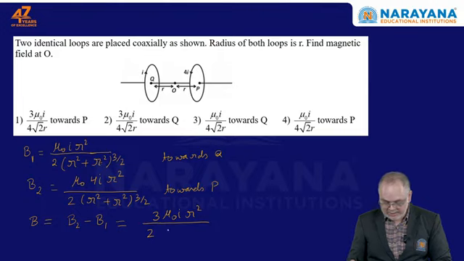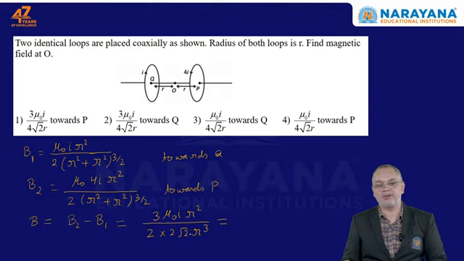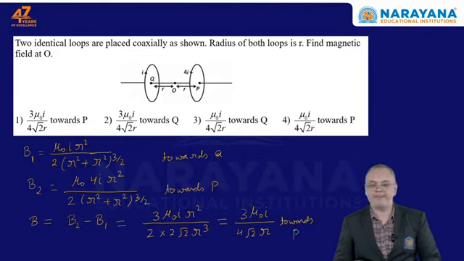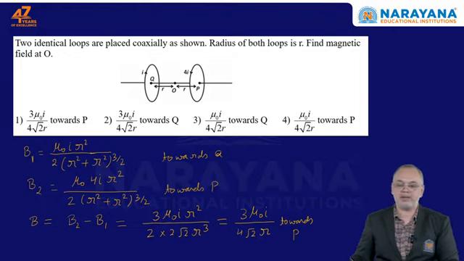This will be equal to 2 root 2 into r cube. Here r square upon r cube, r square will be cancelled. So the magnetic field is 3 mu naught I by 4 root 2 r towards P. So for this, the answer is option 1.